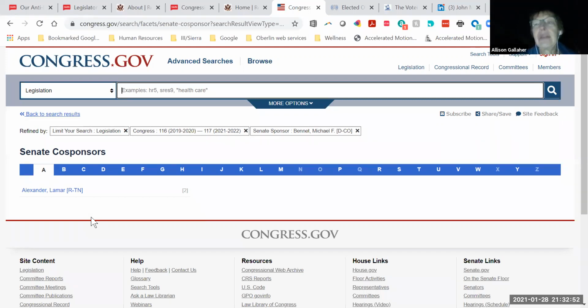You could find every place that they both co-sponsored something else. That is possible. I think it is less powerful though, because just because in a batch of 70 co-sponsors, 2 people both put their name on a bill, doesn't really mean that the 2 of them have a relationship.